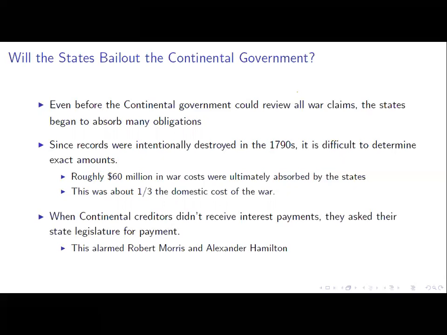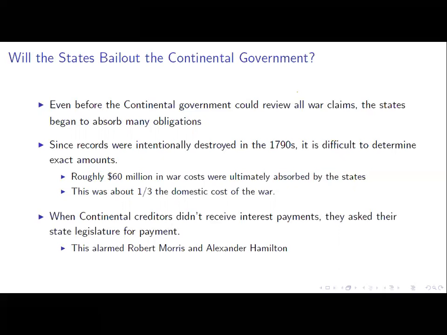People have obligations from the continental government, and the states are starting to say, oh, we'll take those and own those ourselves, okay? While it's difficult, since some of these records were destroyed in the 1790s, we think that roughly $60 million were destroyed by the states.